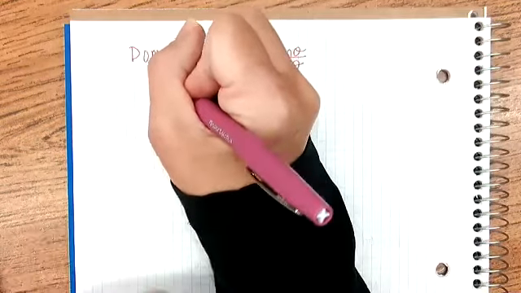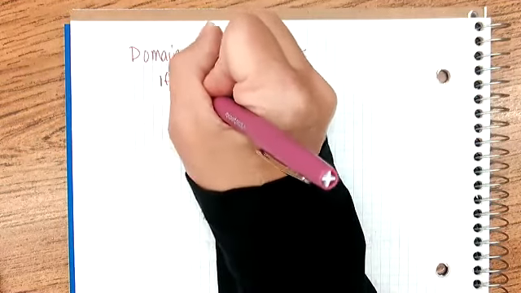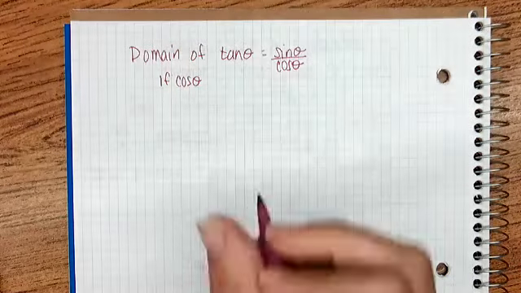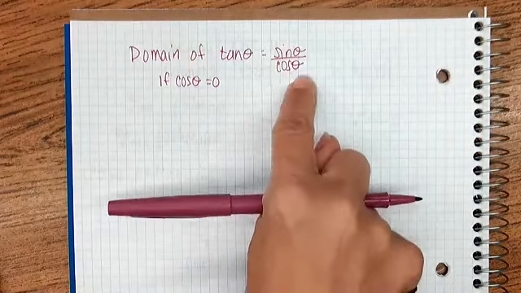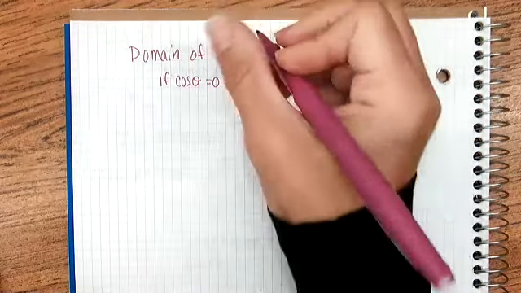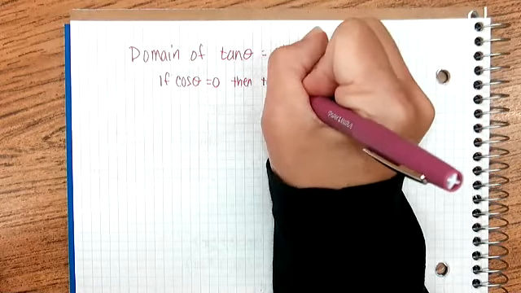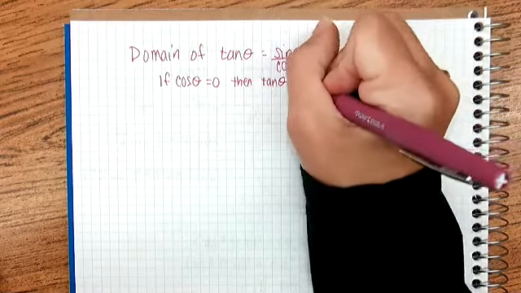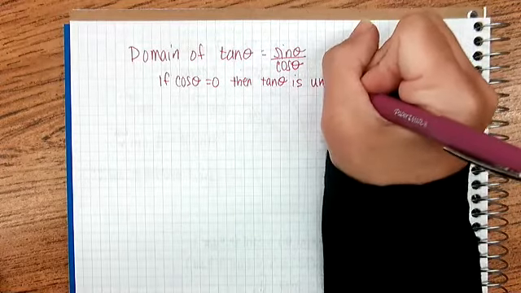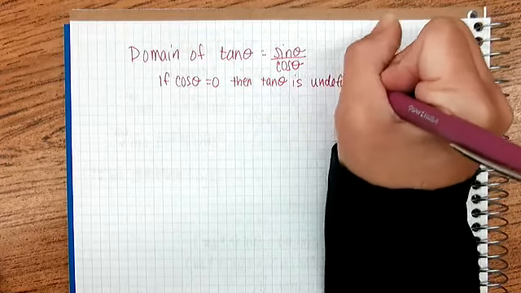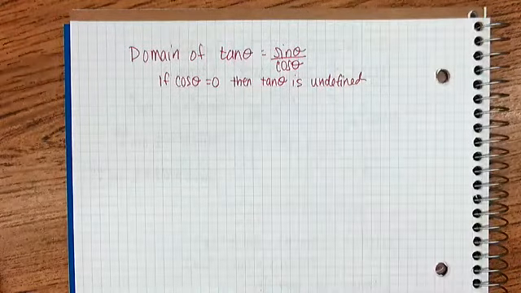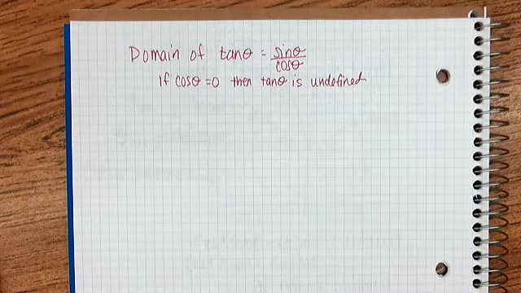So if cosine of theta equals 0, then tangent is undefined.